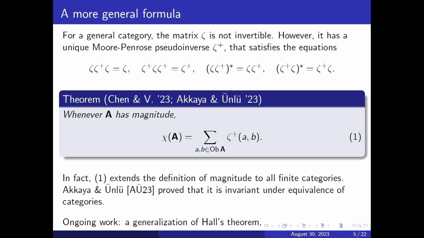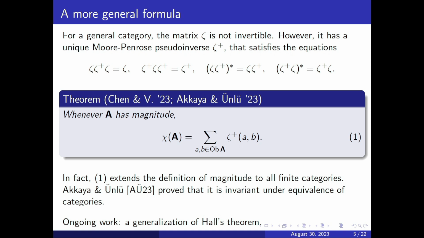And it is a theorem that I proved with Stephen Shen, and that in parallel some other people proved in Turkey, that whenever A has magnitude, you can compute the magnitude this way. But this expression makes sense for any category. You don't need to have a weighting or a co-weighting. So in fact, this extends the definition of magnitude to any finite category.